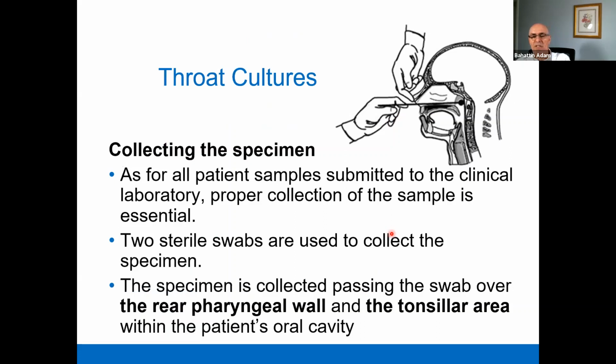Here you see the techniques that we use to obtain a throat culture. Okay, you have to use a sterile swab, and then pass the swab over the rear pharyngeal wall, here, and also the tonsillar area, in order to get enough sample for throat cultures.